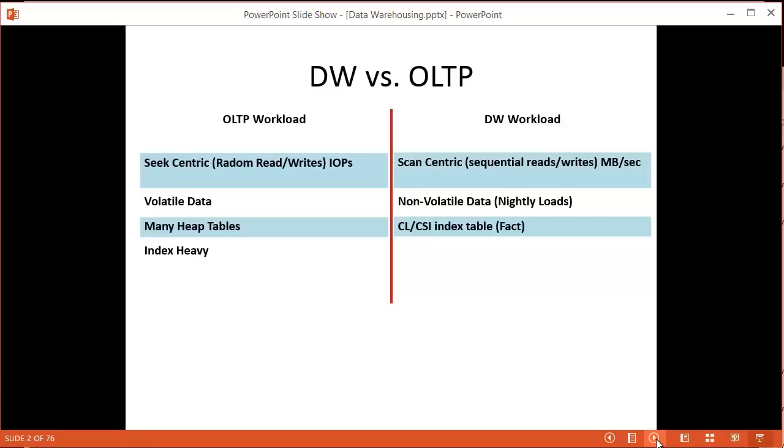As mentioned before, many indexes are created in OLTP systems to support that optimal seek-centric type workload. And fact tables or data warehouse workloads are index light, meaning they are very straightforward and simple to set up.